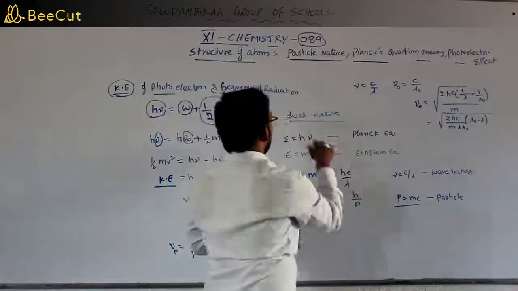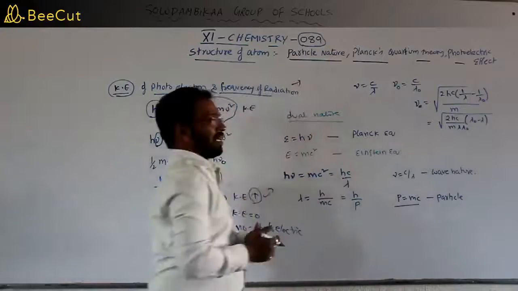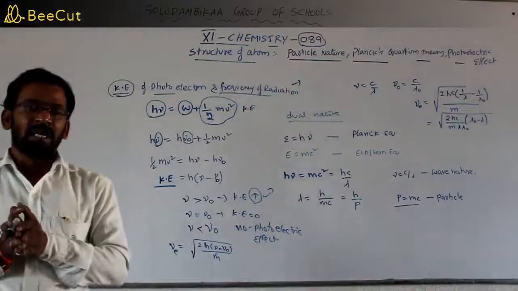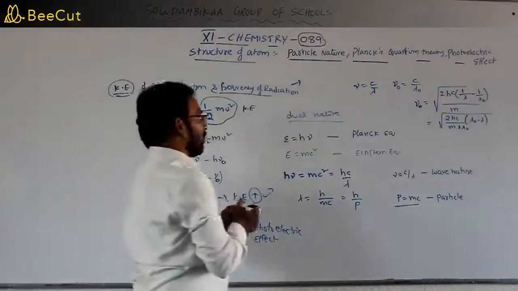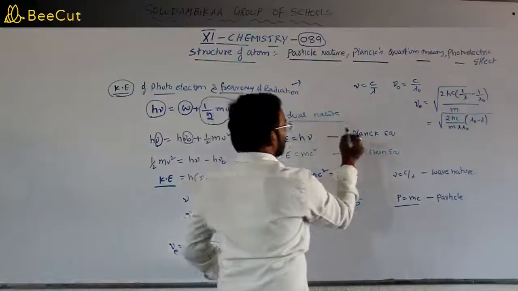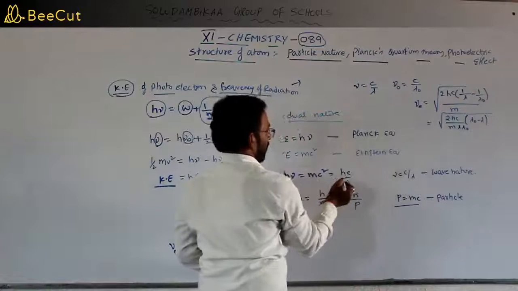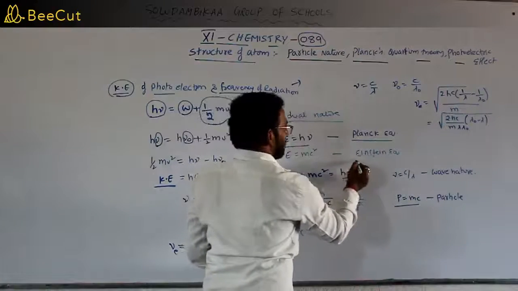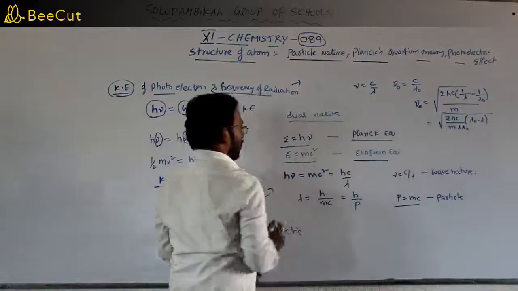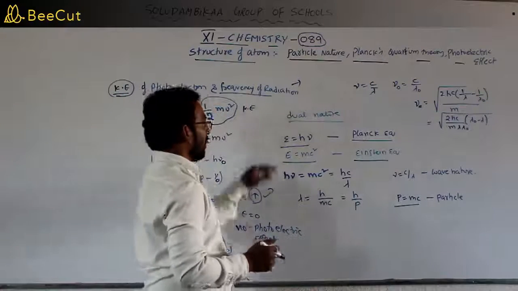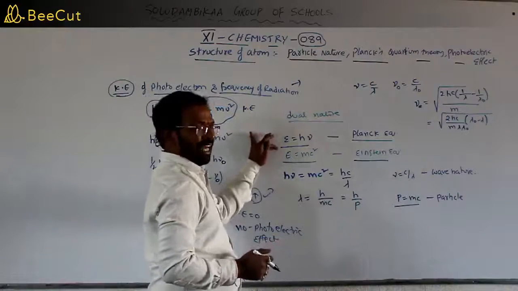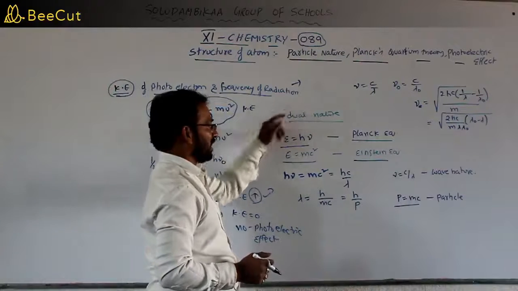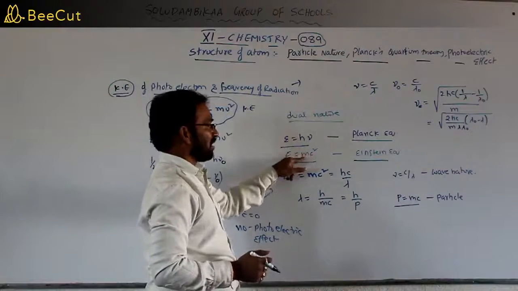Next, how does the photoelectric effect express the dual nature of light? We take two equations which explain wave nature and particle nature. Planck's equation: E is equal to h nu. Einstein's equation: E is equal to m c square, where E is the energy of the light radiation, h is Planck's constant, nu is the frequency of light, c is the velocity of light, and m is the mass.